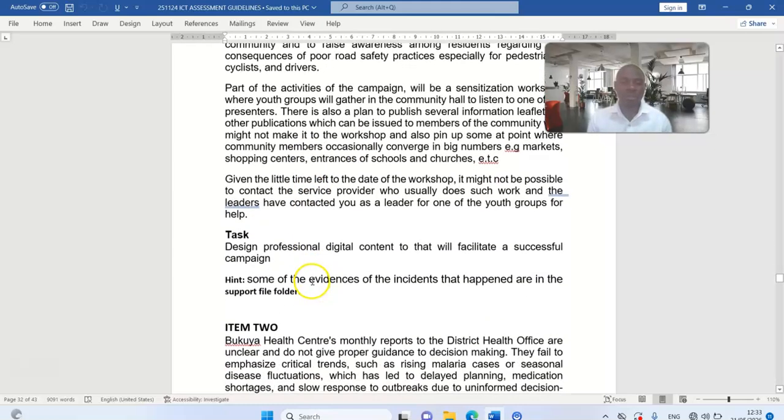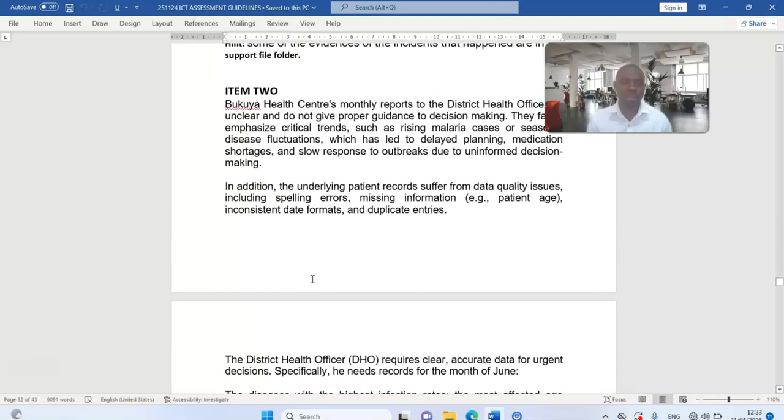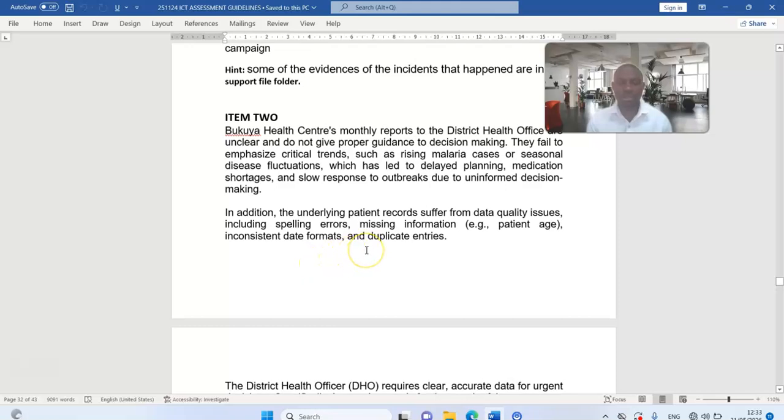Then when you go to number 2, number 2 is saying Bukuya Health Center monthly reports to the district officer are unclear and do not give proper guidance to decision making. They fail to emphasize critical trends such as rising malaria cases or seasonal disease fluctuations, which has led to delayed planning, medication shortages, and slow response to the outbreak due to uninformed decisions.